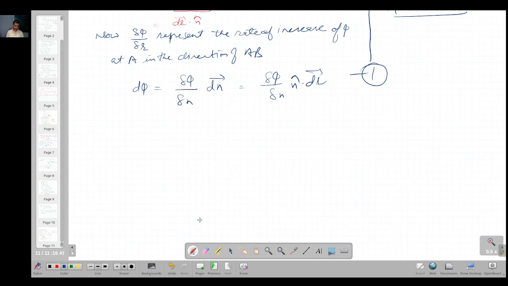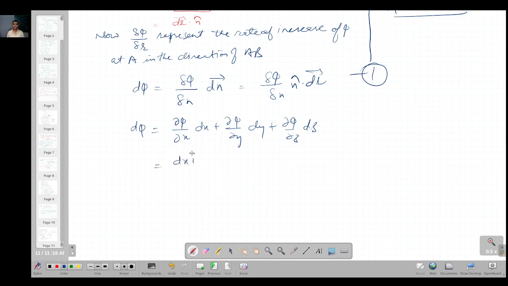And if I recall the definition of differential, according to that this can be written as curly phi over curly x dx, plus curly phi over curly y dy, plus curly phi over curly z dz. This is the definition of a differential of some function. So let me rearrange it.